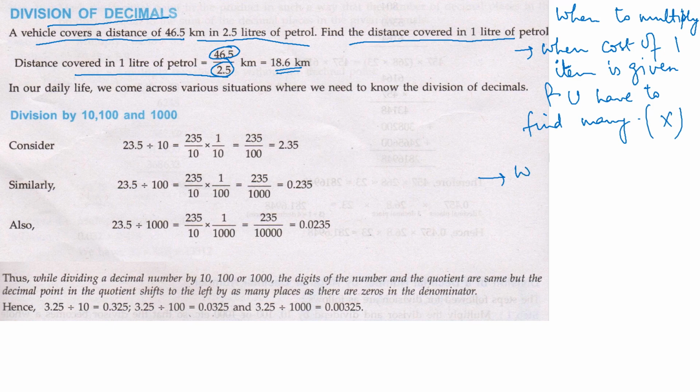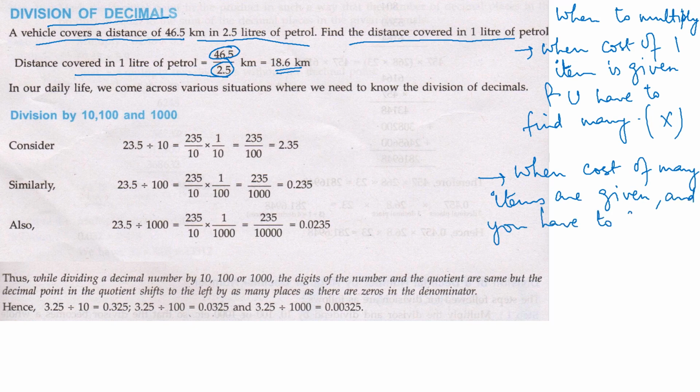And the opposite, when the cost of many items is given and you have to find the cost of one item, then you will divide. One to many, multiply. Many to one, divide. Always keep this concept in mind.